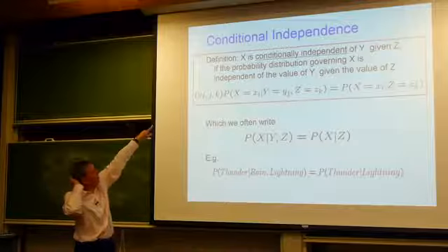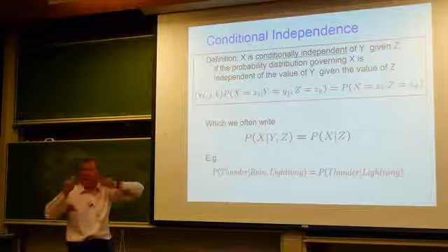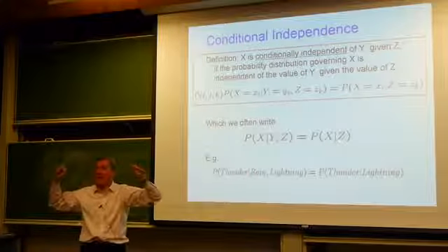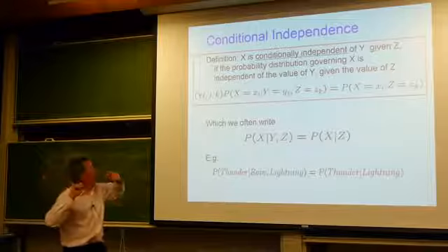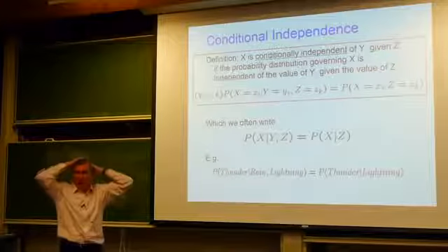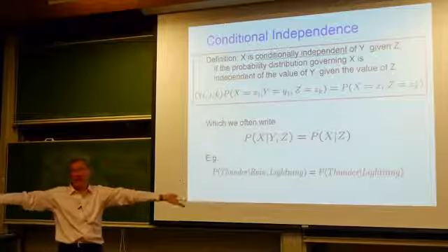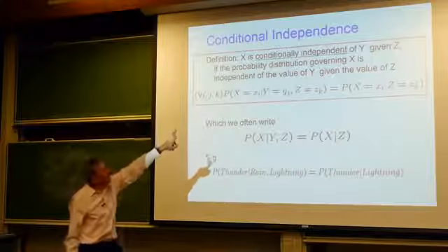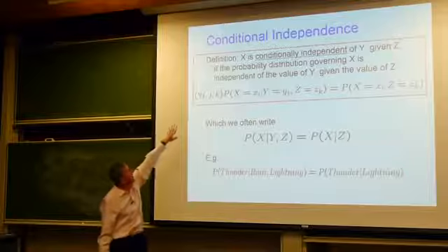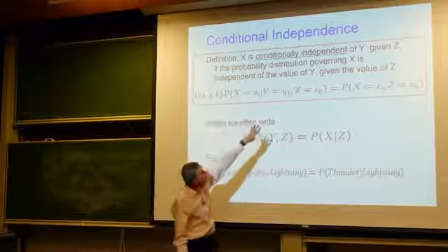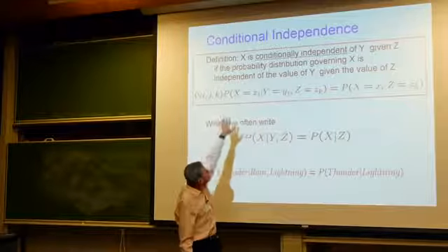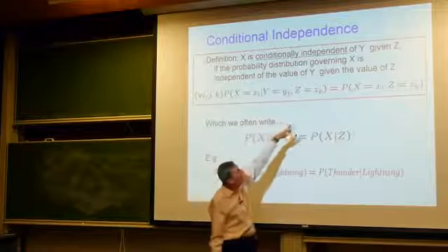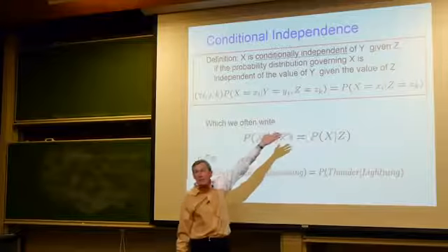Conditional independence is defined this way. Given three random variables, x, y, and z, we could assume, to make it simple, that they're Boolean, but they don't need to be. They could be anything. We'll say that x is conditionally independent of y given z if the probability distribution governing x is independent of the value of y given the value of z.